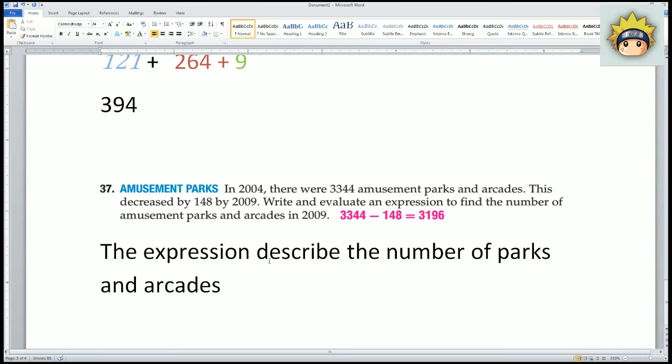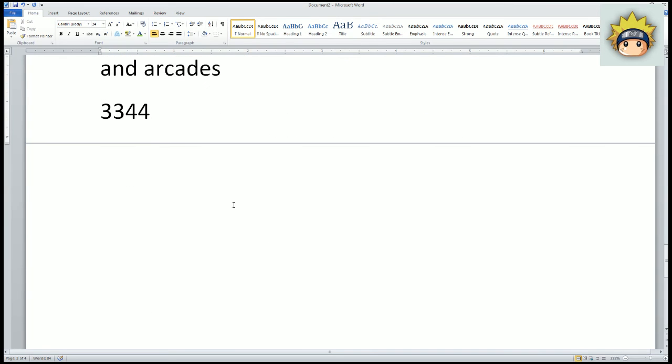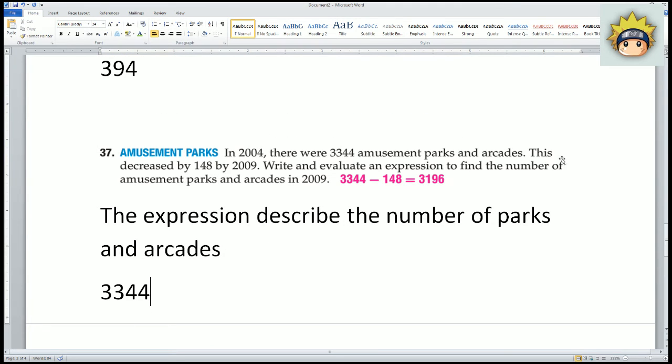In 2004, they started with 3,344. They started with this value. Something happened along the way. It says decrease. Decrease is a subtraction, so I subtract how much it decreases by, which is 148 parks.